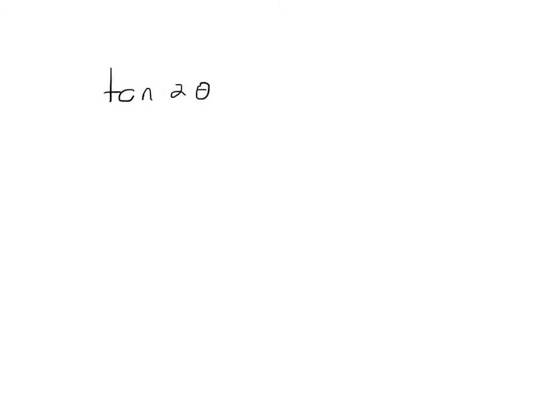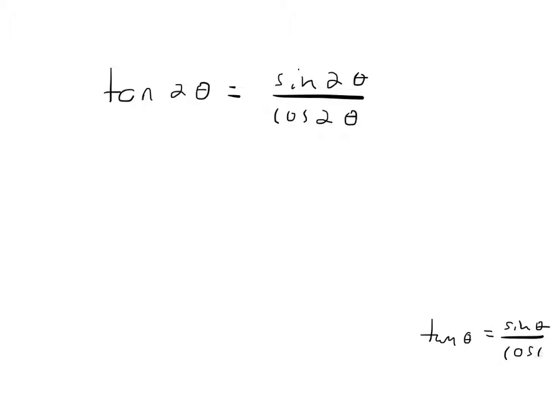Tangent of 2 theta would be equal to sine of 2 theta over cosine of 2 theta, because once again, one of our basic identities is tangent of theta equals sine theta over cosine theta. It's one of our basic trig identities. So I can throw a 2 in front of all the thetas and still use these for the double angles.